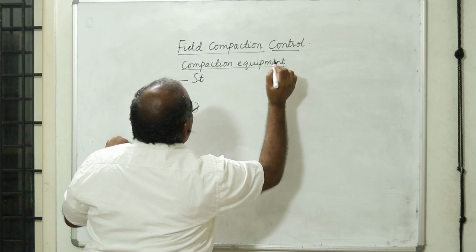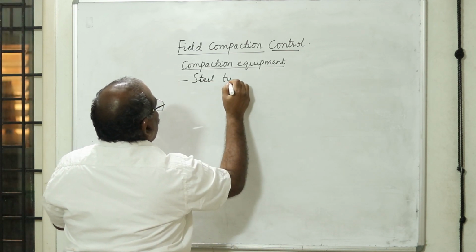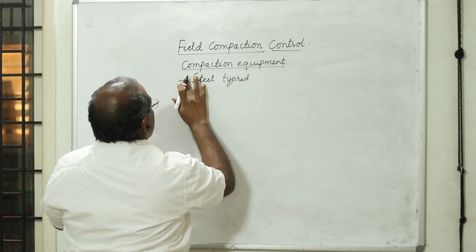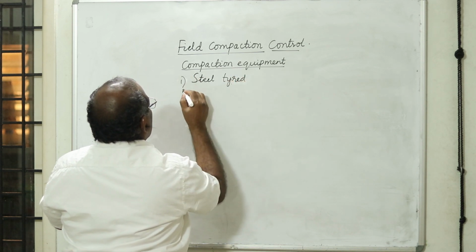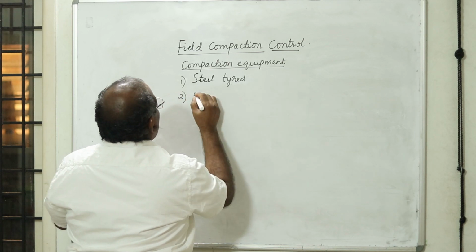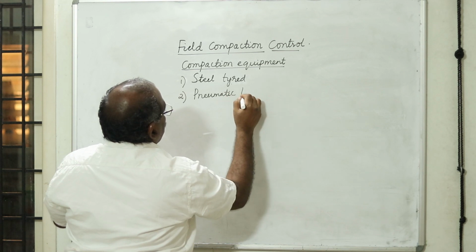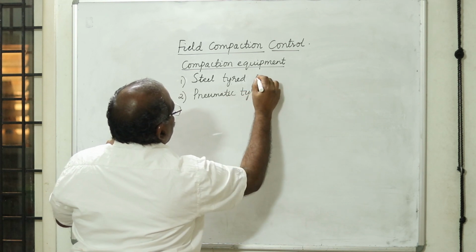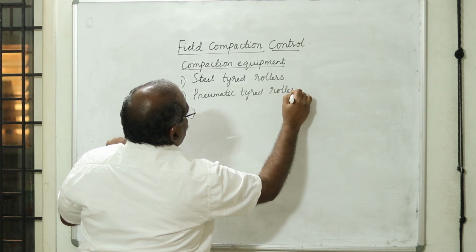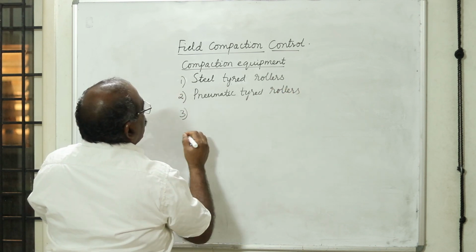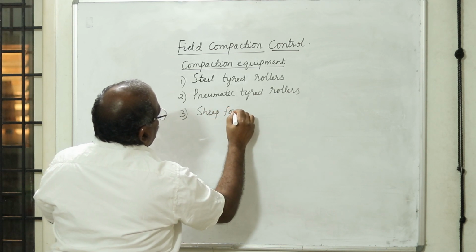We don't have equipments, that is equipment. We got steel drum rollers, first one. Second one is pneumatic tired rollers. Third one is we got the sheep foot rollers.